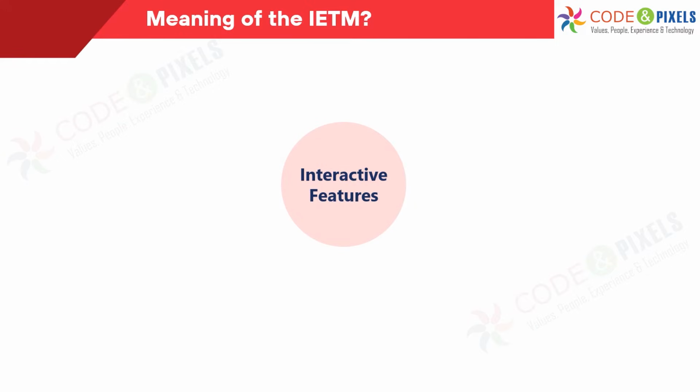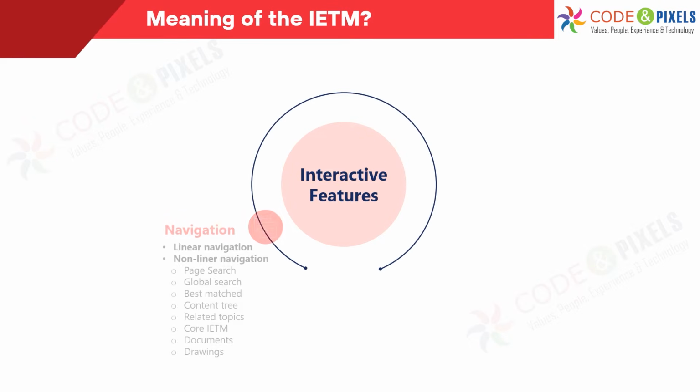Interactive features will be like navigation. Linear navigation, moving in the fixed or predefined path, that is, next and previous topics. Non-linear navigation, it means the user can go to any topic randomly. Page search. Global search.